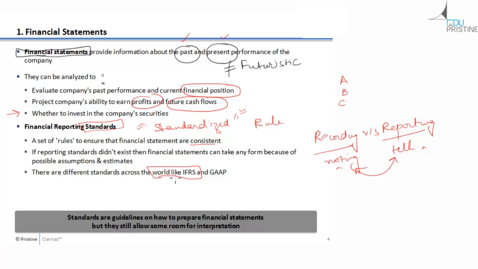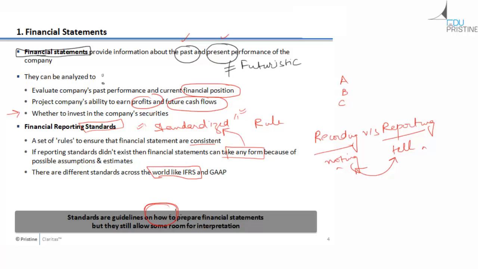Globally there is a new standard, International Financial Reporting Standard, which is being made applicable in different countries at different points in time, with an objective of following a uniform standard across the globe. If the reporting standard didn't exist, then the financial statement can take any form, and this is what highlights the problems of non-standardization. So the standards are the guidelines on how to prepare the financial statement.